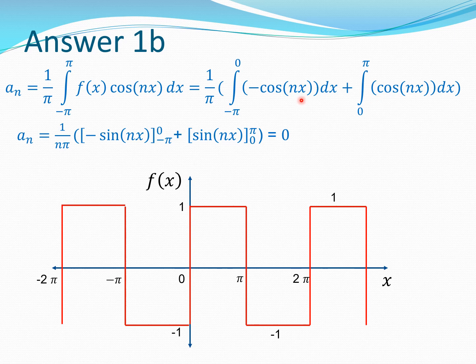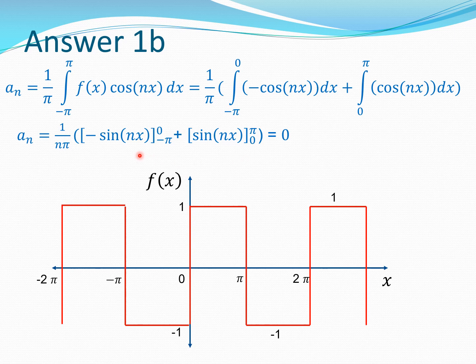And I know the integral of cos x is sin x, and of course the integral of cos nx would be sin nx by n. So that's what we have here. The negative sign stays here, and I get this bound here, minus pi to pi. The second integral also becomes sin nx by n, with bounds 0 to pi.